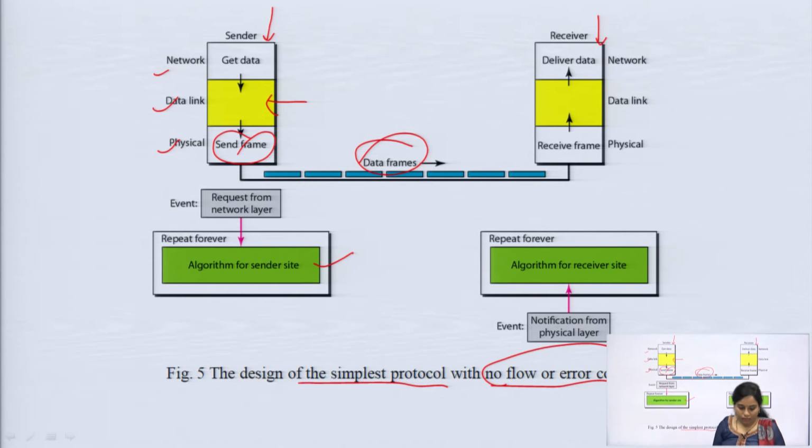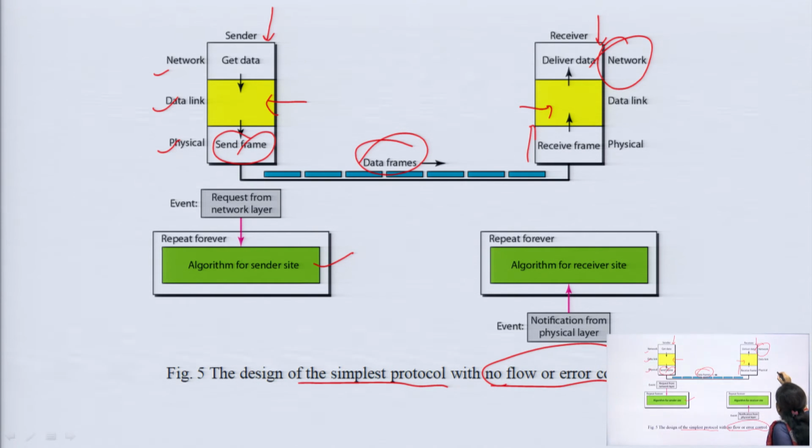Different algorithms will be set up at the sender side to decide whether you have to repeat or request for the particular packet or not. Then at the receiver side, there will be a notification from the physical layer, the algorithm for the receiver side, and you can see how the data will flow. It will be received at the receiver, given to the data link layer and then delivered to the network layer.